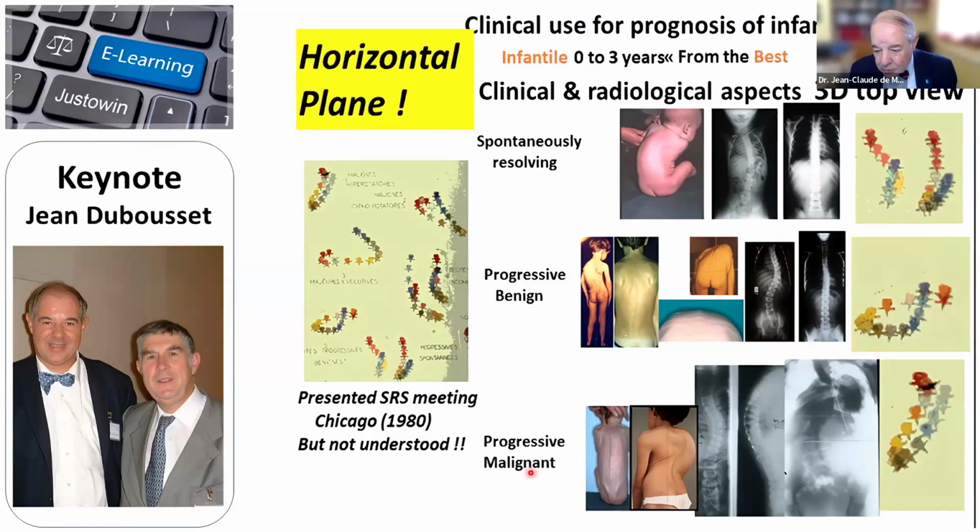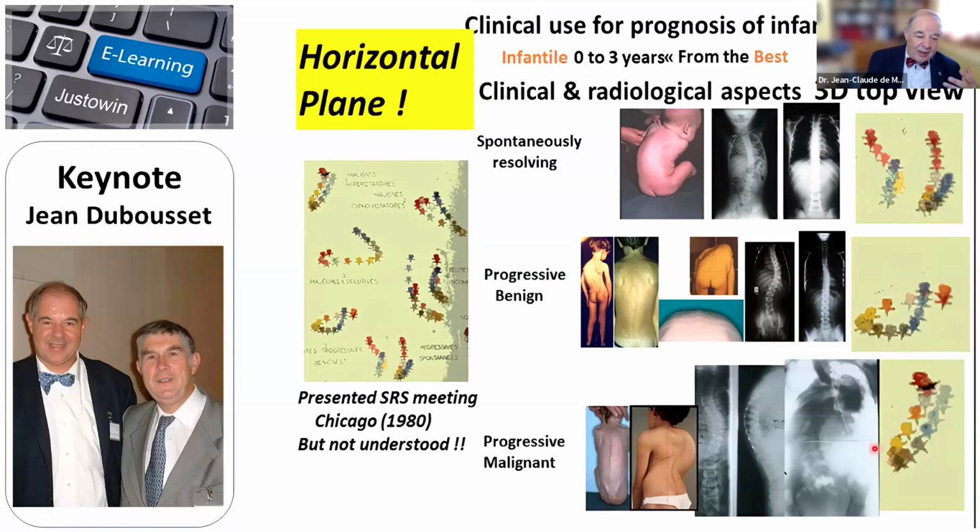And we see also the evolution with malignant progressive scoliosis, scoliosis of more than 60, 70 degrees. For infantile scoliosis, you see important rotation at the apical vertebra, but also you have in the same oblique plane the limit vertebrae and the apical vertebra.